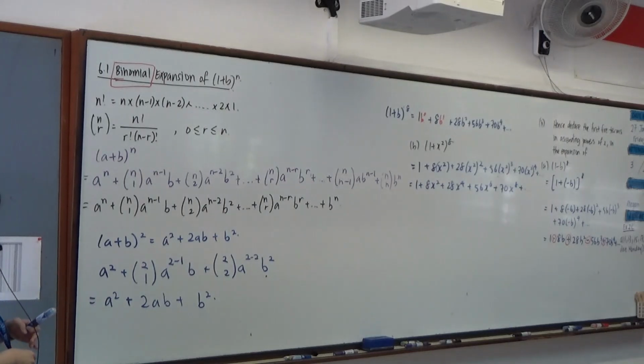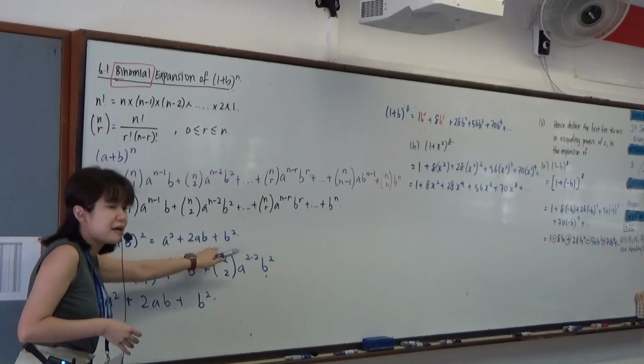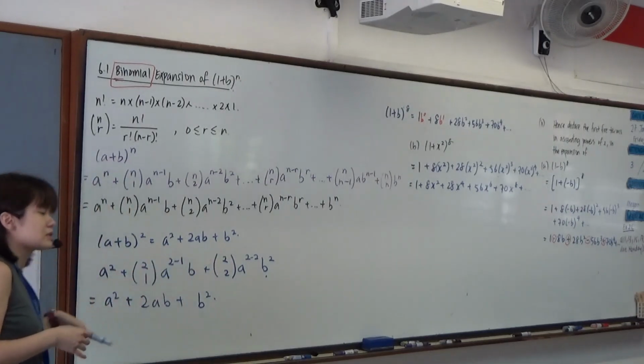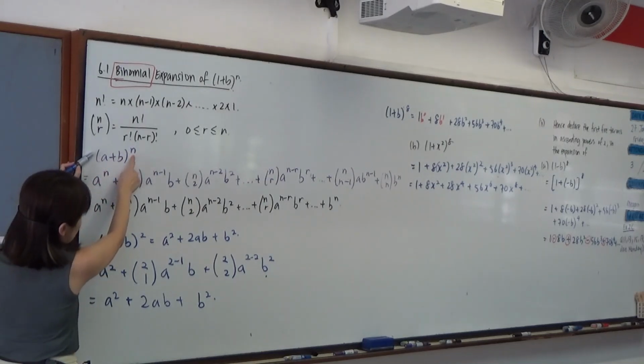You all get what I'm trying to say? No? What do you not understand? What I'm trying to do here is to show you how the formula applies. We already know that a plus b squared confirm gives us a squared plus 2ab plus b squared. So I know now my n is 2.